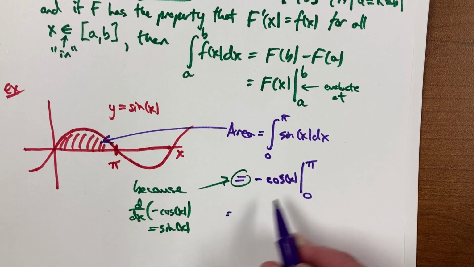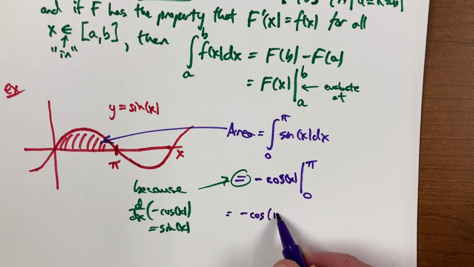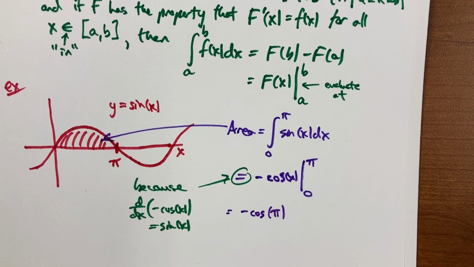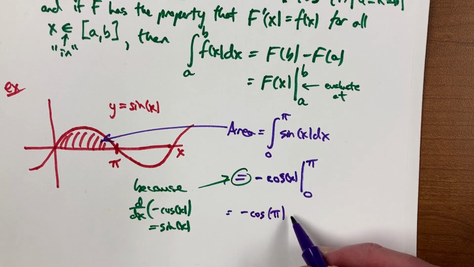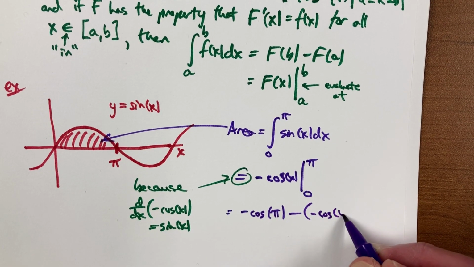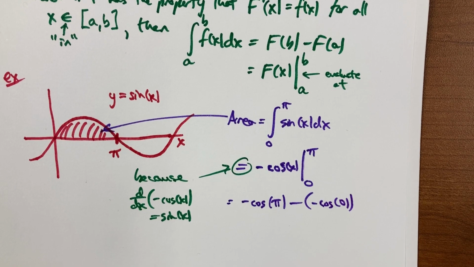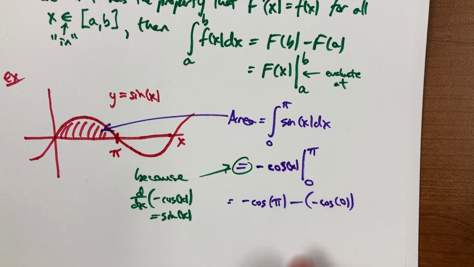So I need to do negative cosine of the first number, negative cosine of pi, minus capital F of a, minus negative cosine of the lower number, minus negative cosine of 0. Very easy to make a mistake here, right? You could easily make a mistake with these signs here.